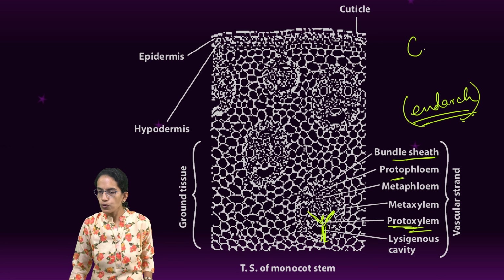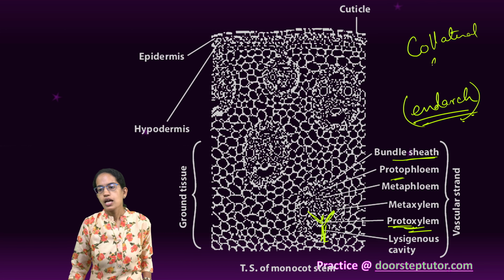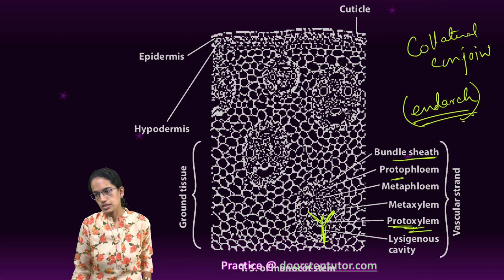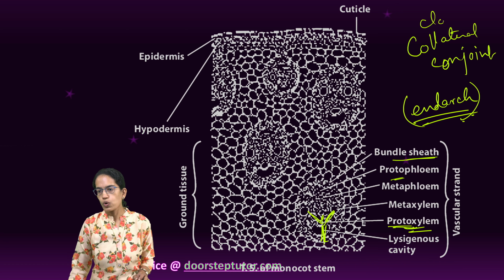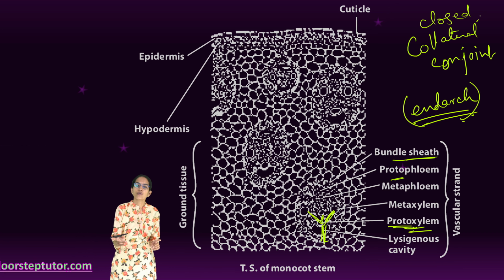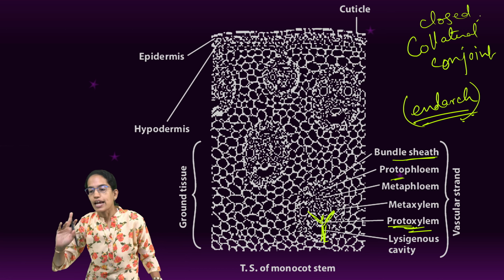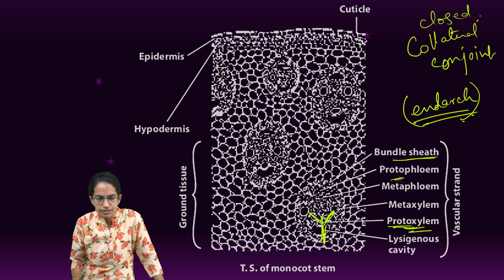However, it does have a closed collateral and a conjoint structure, right? So it is closed, collateral and conjoint structure, but unlike the monocot root where it was exarch, here it is endarch. One of the major differences.